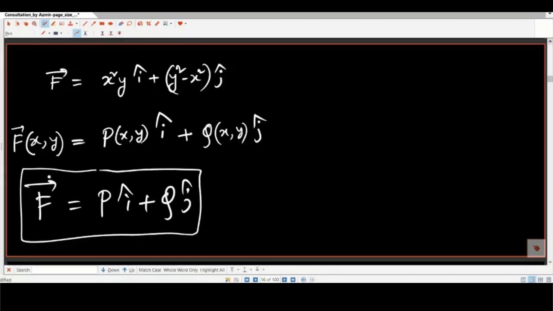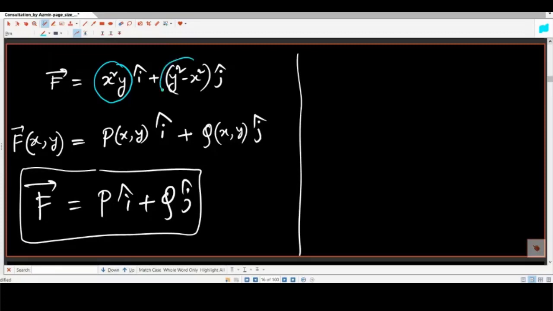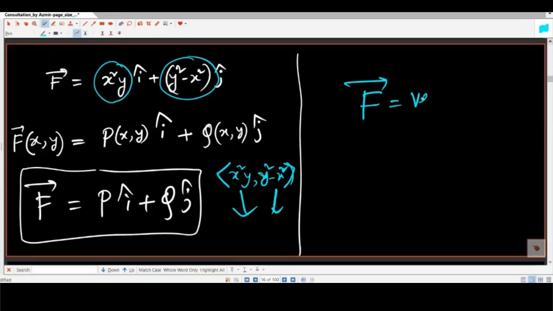So a function can be of two variables or three variables. This time we have seen that these components x squared y and y squared minus x squared are functions. So if we have a vector with the components as functions, then that vector is called a vector field.